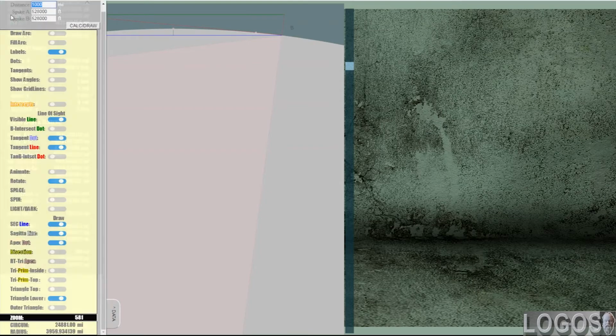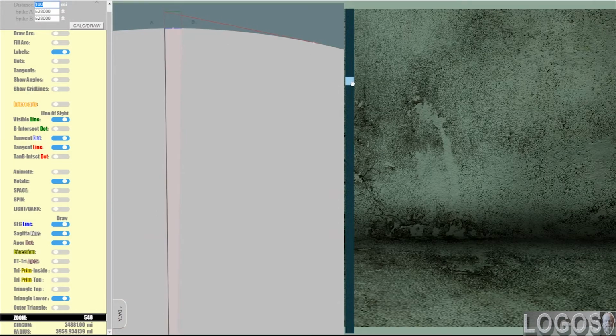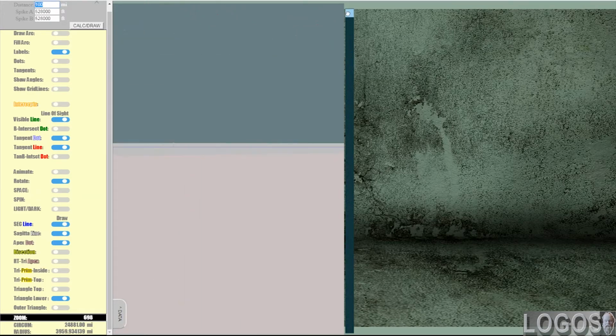If we were to change it, the tangent of the circle is to the right of B, which means all of B is visible, and the intersection of this tangent line is way above. See the secant or chord down here? Very, very low. Sagitta here, very low.